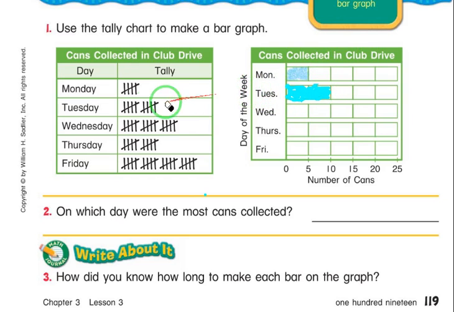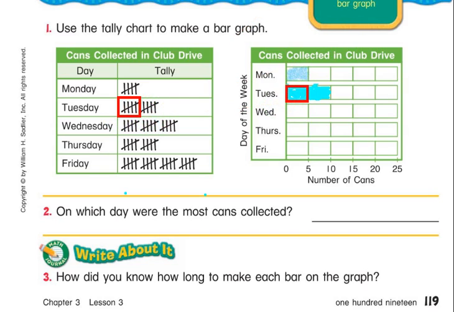For each 5 cans, we color 1 square. Look, here we have 5 cans, so we color 1 square for them. 5 cans here, and so we color 1 square.